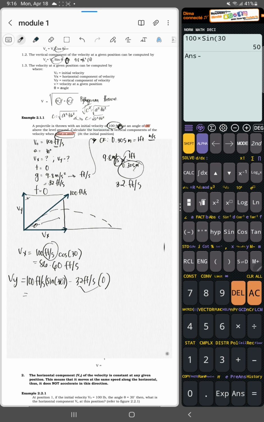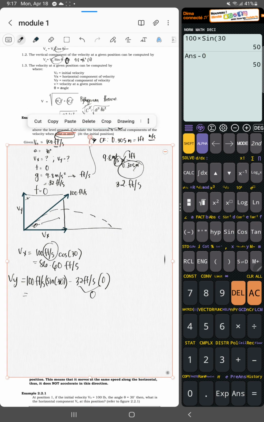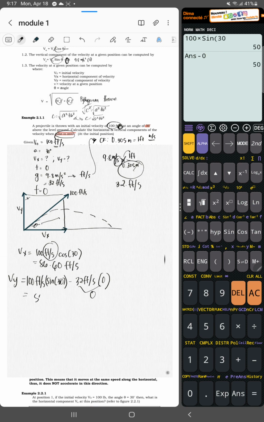Minus 32 times 0 is equal to 0. Okay, minus 0. So, our vertical component will now be 50 feet per second. Okay, so that's our vertical component.